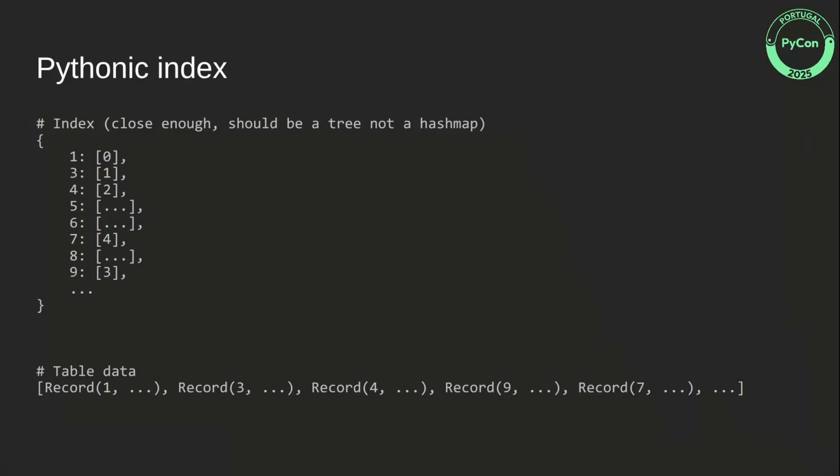This is not entirely true because dictionaries in Python are hash maps, while the indexes are trees. They have a different set of properties, but for the purpose of this talk, stay with me. What this dictionary contains is the key, mapping to several indexes inside this table data.